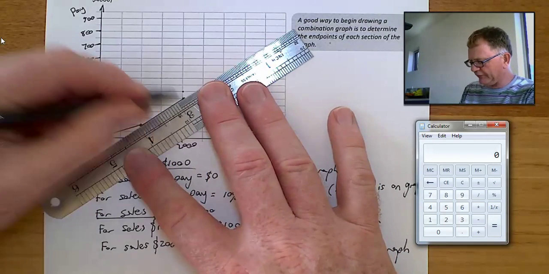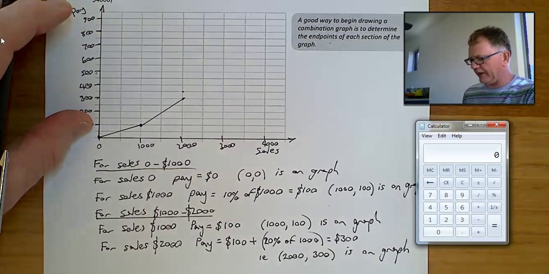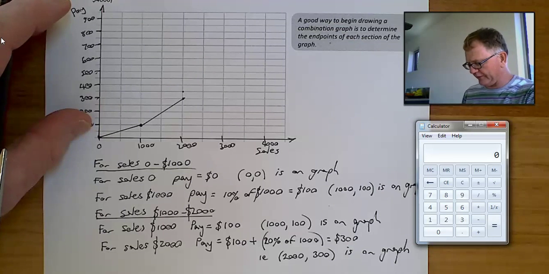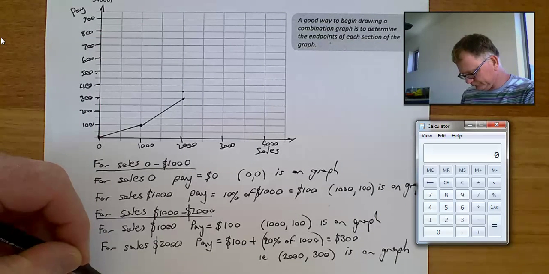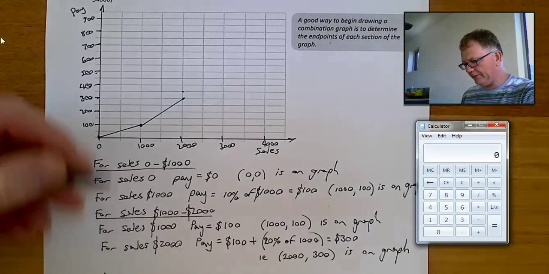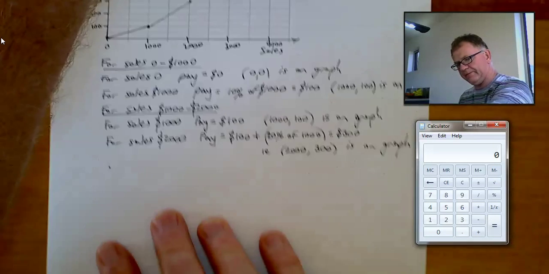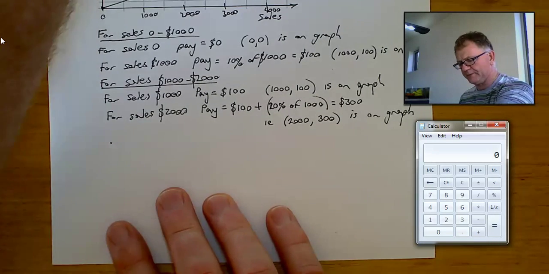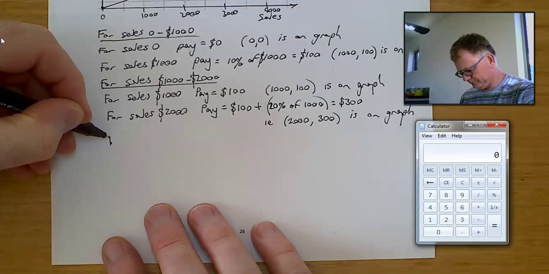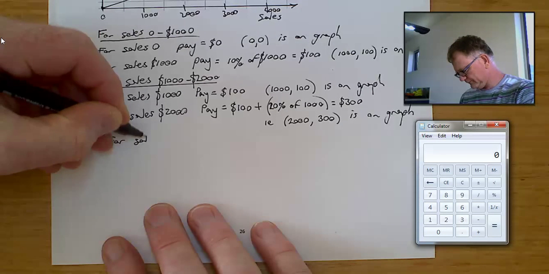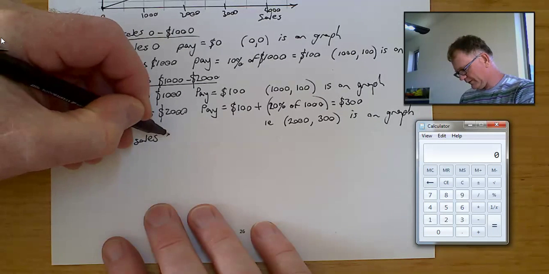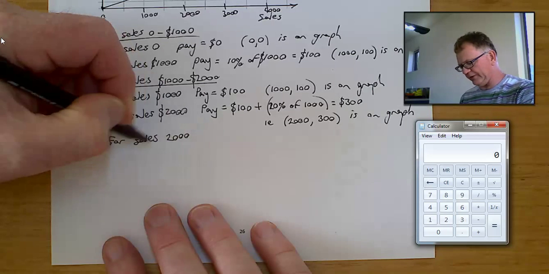Now we come to the third section of the graph, and that's for sales of more than $2,000. Now I'll have to move up again, I suppose. If I can. $2,000, but where does this section end?